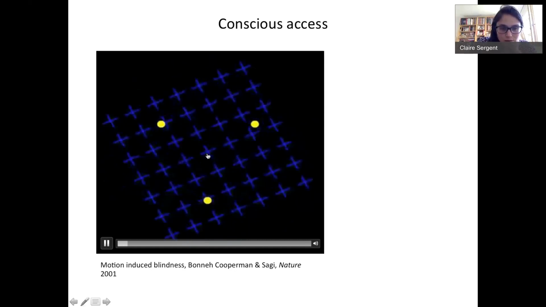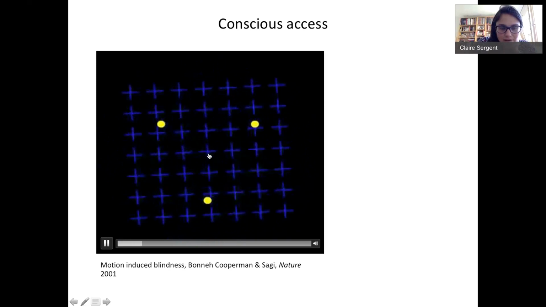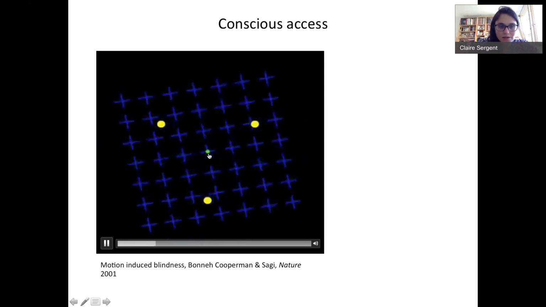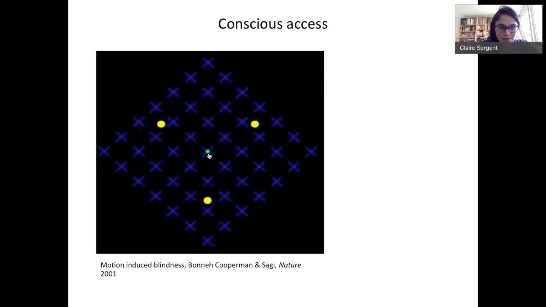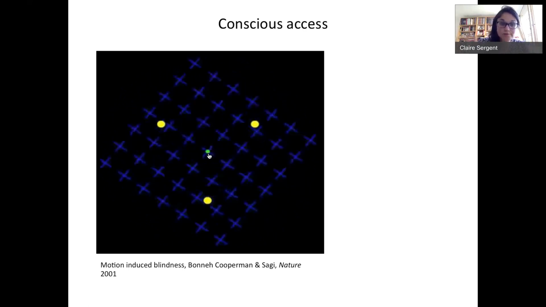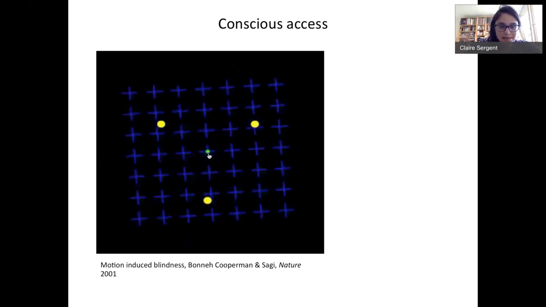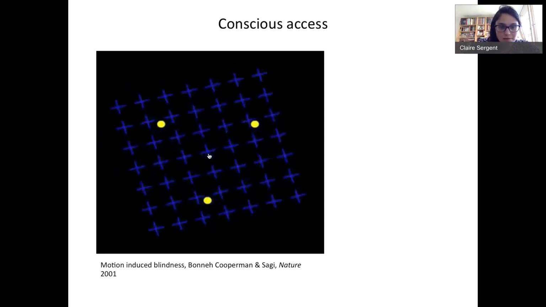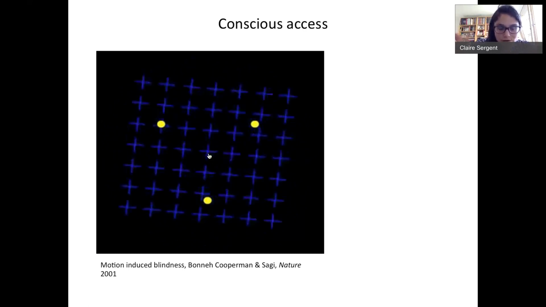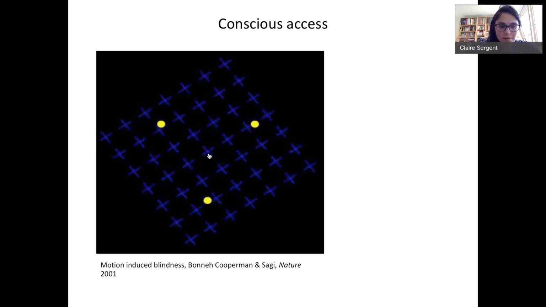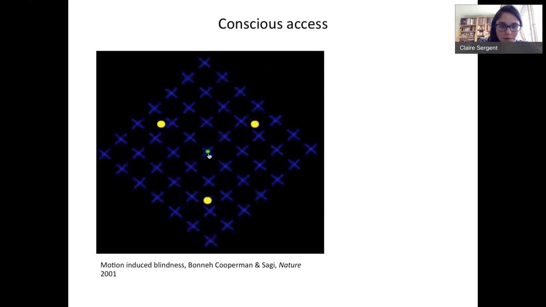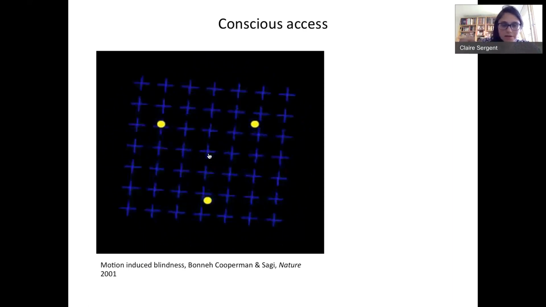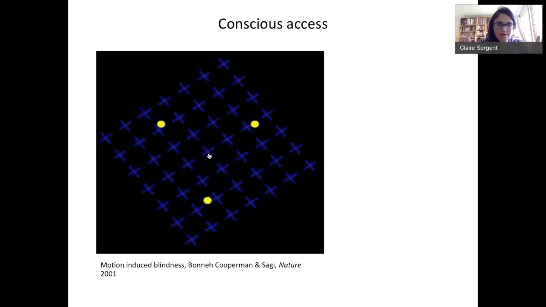So you look at this green dot and you just relax and see for yourself what's happening in your conscious access. So maybe you need to get close to the screen, but normally you should at some point see one or several of the yellow dots around disappear.